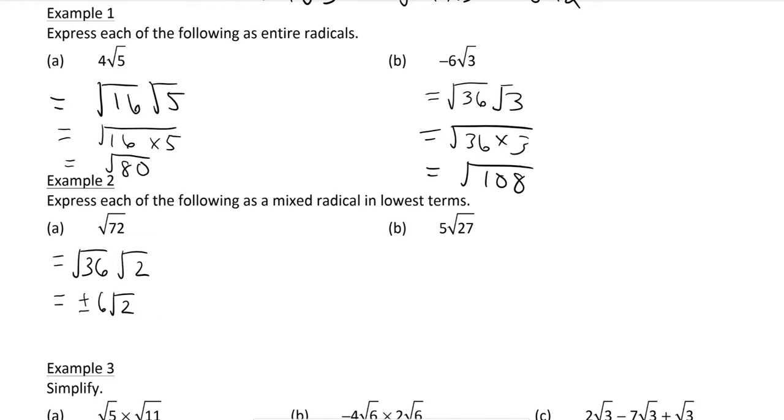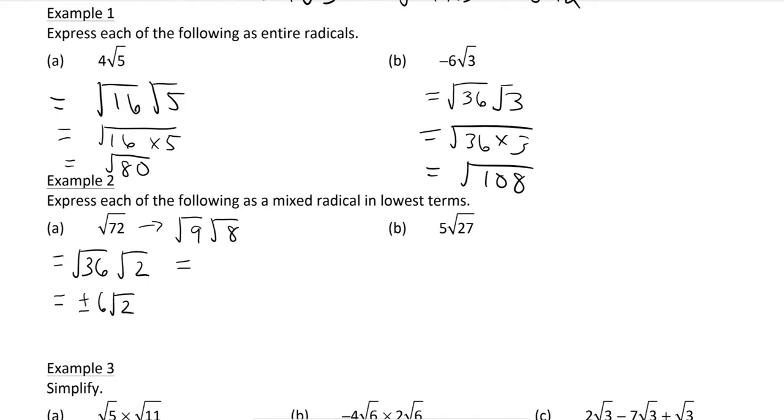Now, some of you might be thinking, how did I know to use 36? What if I wanted to do, let's say, for example, square root of 9 times square root of 8? Because square root of 9, that's also a perfect square number. You could technically do that. It's just that when you do this is what happens if you decide to take that route.